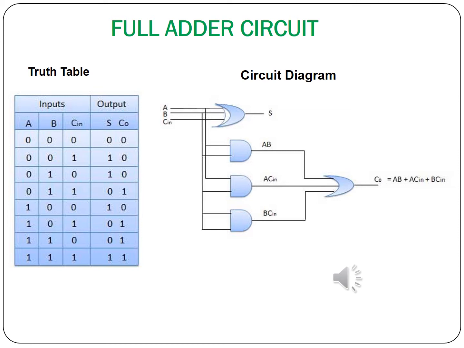So the sum equation is A exclusive-OR B exclusive-OR C, and the carry equals A dot B plus A dot C plus B dot C. The carry is implemented with AND and OR gates, and the sum is implemented with a 3-input or 2-input exclusive-OR gate.